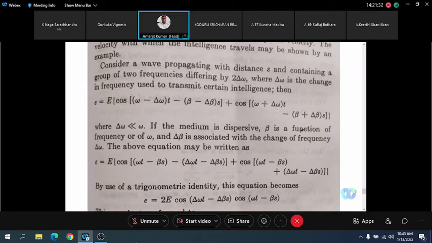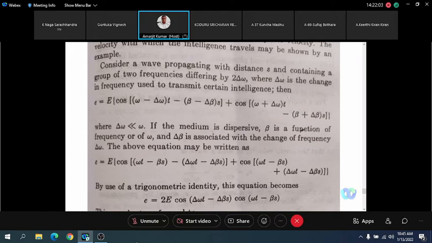So the medium is dispersive here. In a dispersive medium, beta is also a function of frequency, so beta is also not constant. So here we have taken beta minus delta beta, and here beta plus delta beta. This is for frequency omega 1, this is for frequency omega 2.